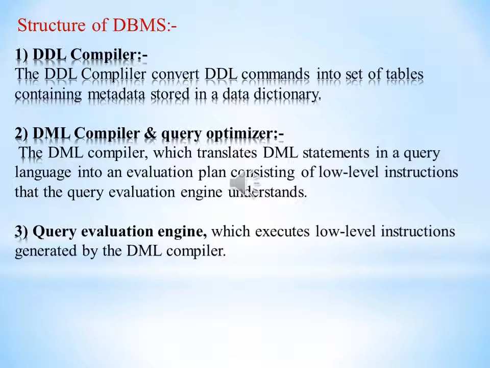The DML compiler also performs the query optimizations, that is, it picks the lowest cost evaluation plan from among the alternatives. The query evaluation engine executes low-level instructions generated by the DML compiler.